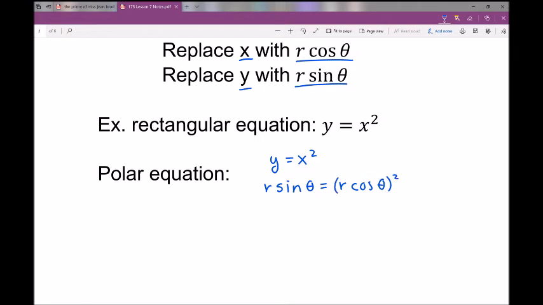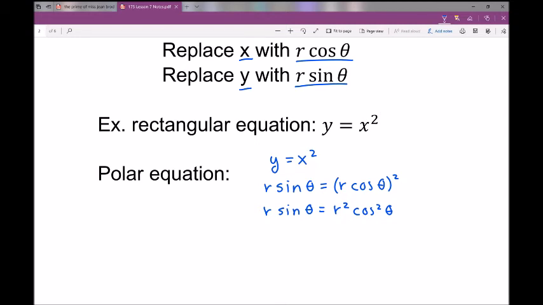Now if I actually square this, I get that r sine theta is equal to r squared times cosine squared theta. My goal now is to solve for r. Just like in the rectangular system, when we like things to be solved for y, in the polar coordinate system, we like things to be solved for r. So we're trying to get r by itself.